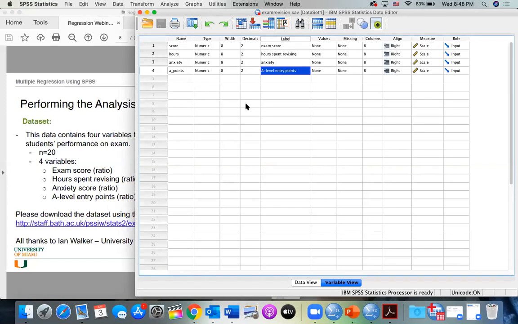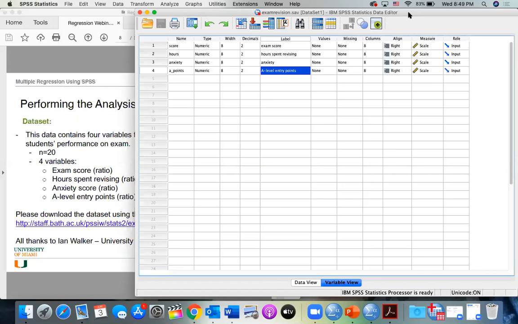A points is something in the United Kingdom's educational system. It's like a certificate that the student gets when they want to apply. I'm not sure, but I'm assuming that this is a certificate that they give to students if they want to apply for any college or school. All of them are on the scale measure.